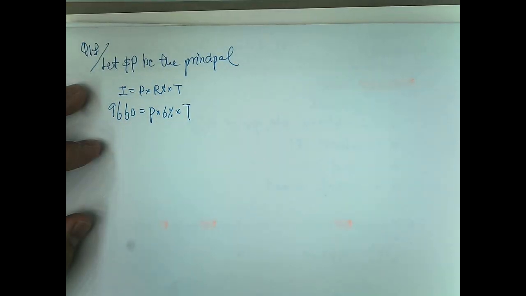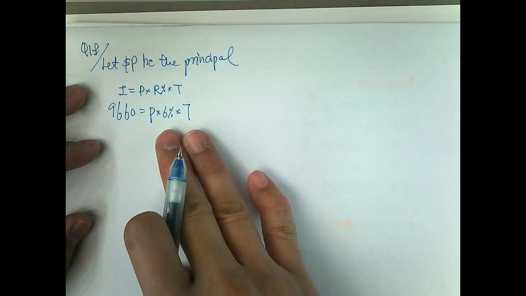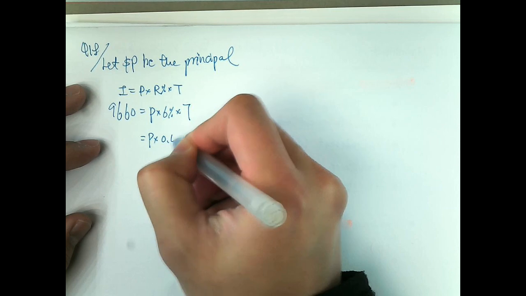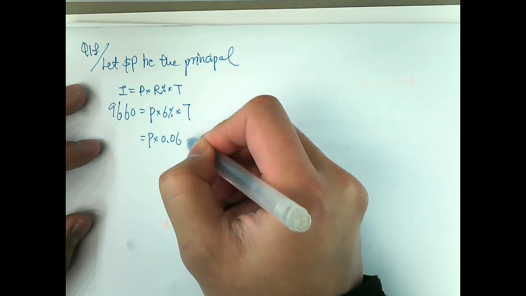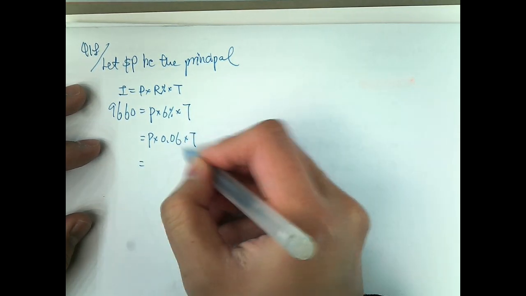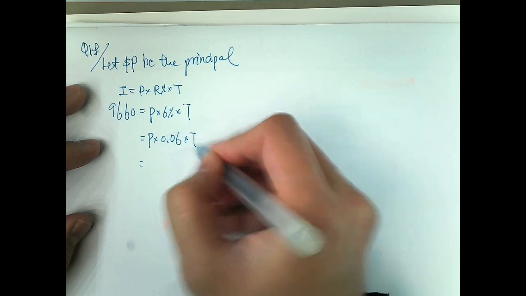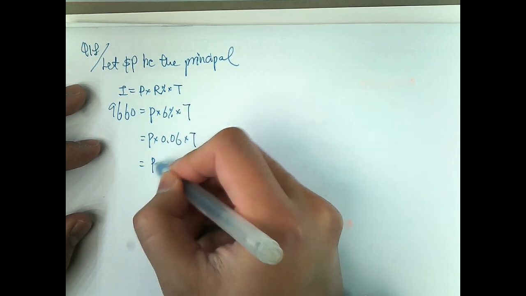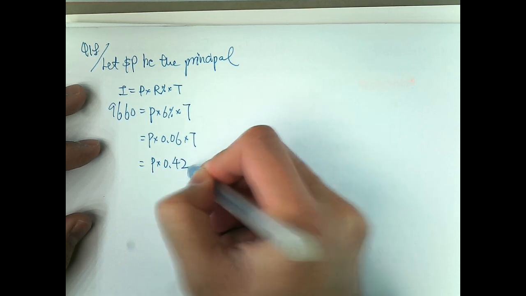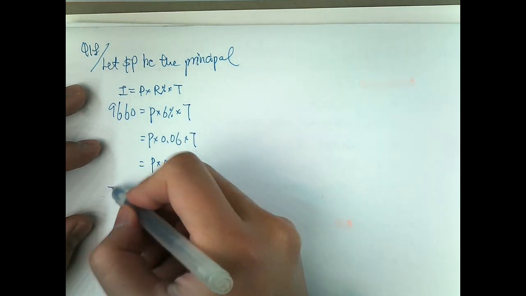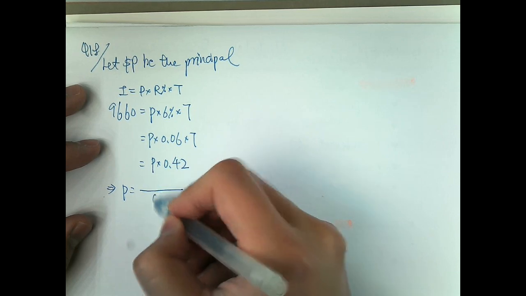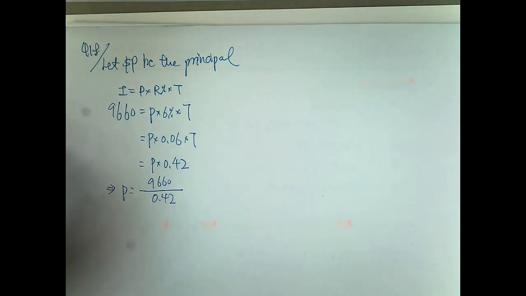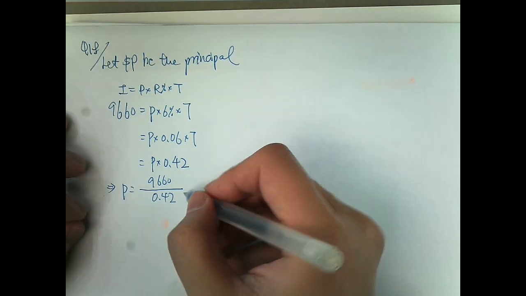Understand? So I don't recommend you divide both sides by this, but you have to calculate this first, 0.06 times 7. Actually here, you can use your calculator to find out this. It is actually P times 0.42, understand? So at this stage, then you can divide both sides by 0.42. Then you'll be very safe to find the answer.